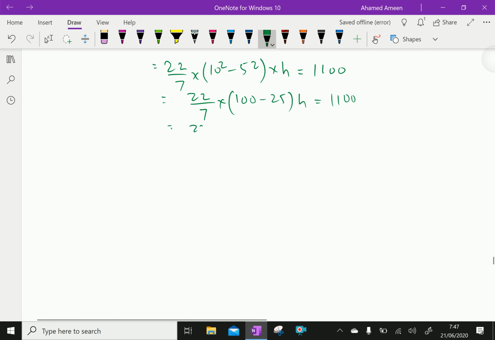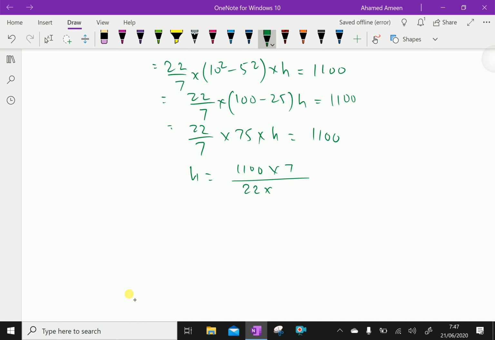Which is 22/7 into 75, 100 minus 25 is 75, into H equal 1100. Therefore H equals 1100 into 7/22 into 75. So it goes 2, 2 11s are 22, 100 11s are 1100.